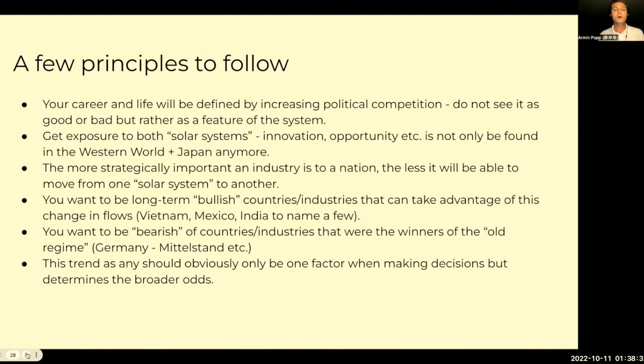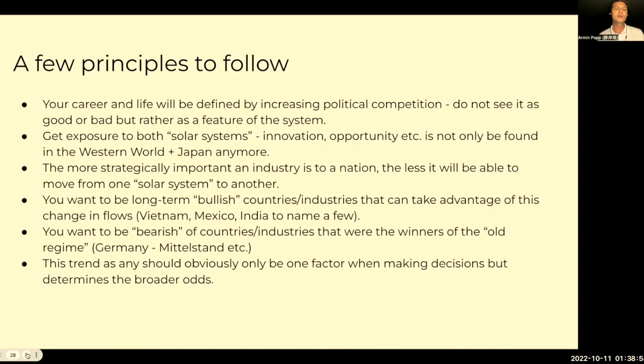And then you want to be long-term bullish on countries and industries that can take advantage of this change in flows. Here we can think of Vietnam, Mexico, India, to just name a few, because they are also part of the solar systems, in one way or another, and they are playing their roles.